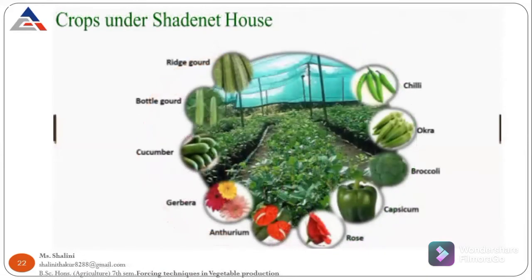Next, the crops under the shade net house, meaning the green net house, are chilies, okra, broccoli, capsicum, rose also, anthurium, gerbera, cucumber, bottle gourd, and ridge gourd. So we can raise these kinds of vegetables in the shade net houses.